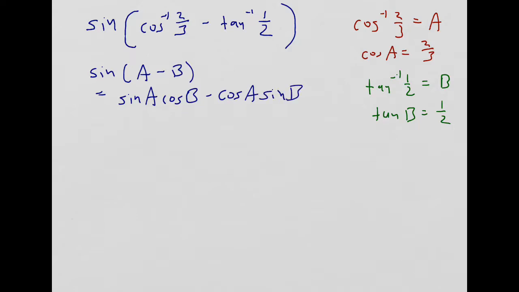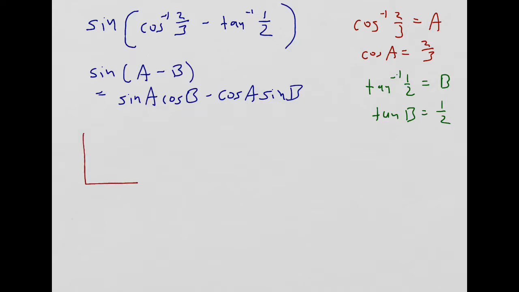Now, where are we going to get sine of A and cosine of B and the cosine of A and sine of B? Well, remember, that's just from these guys right here. That's given from the inverse function, so we can draw these out. We know that cosine of A is equal to 2/3.